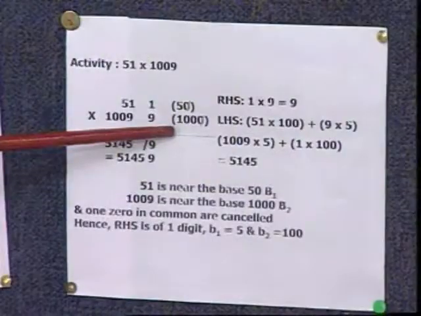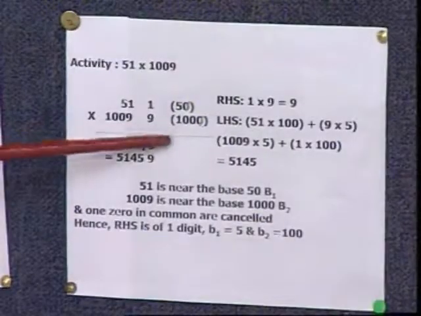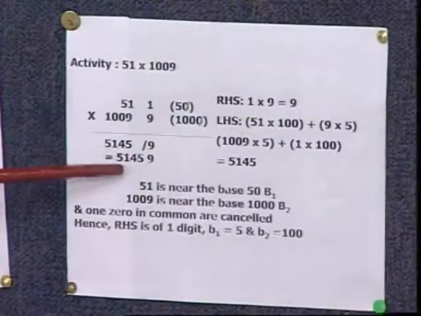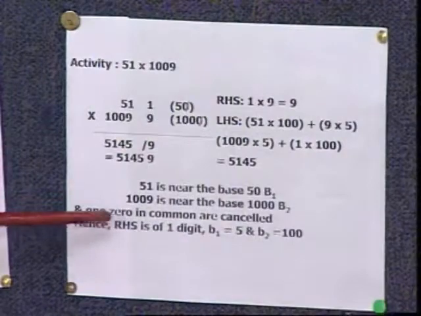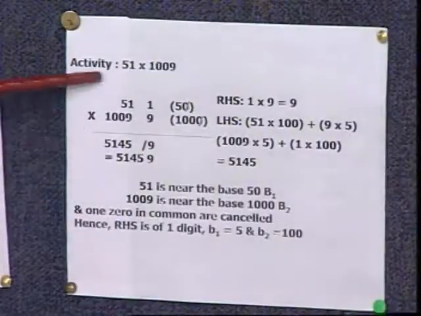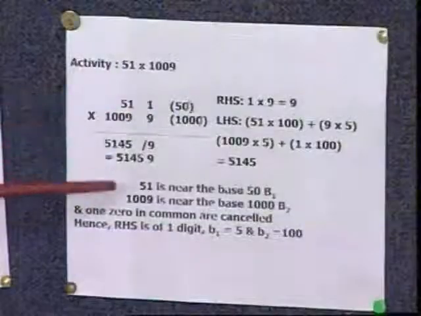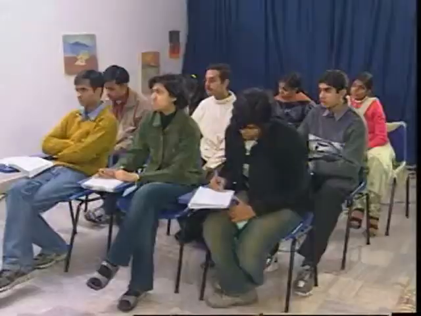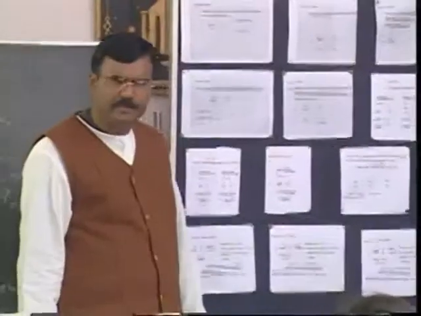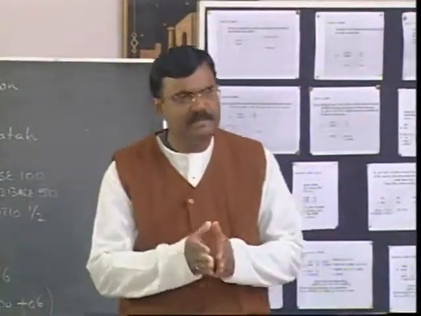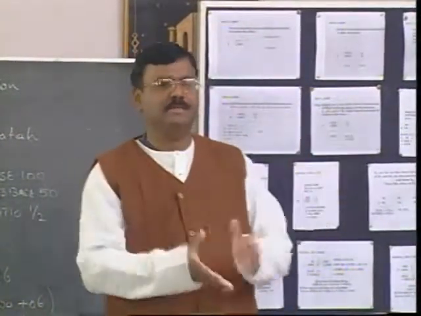How much will you get? 5100, plus 9 times 5 are 45. 5145 is the left part of your answer. That means 51 multiplied by 1009 gives 51459. It is easy to multiply two numbers near the base, or away, with different bases also.